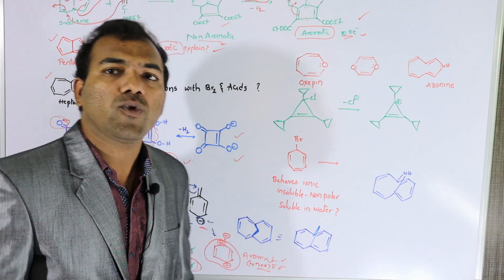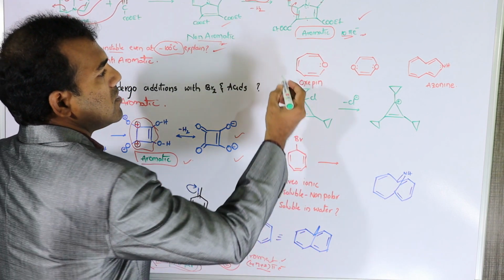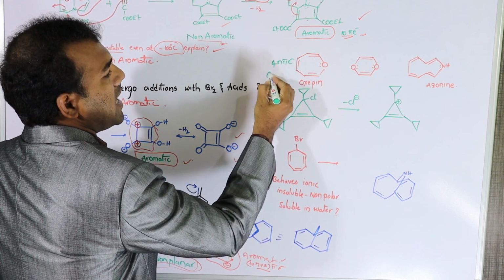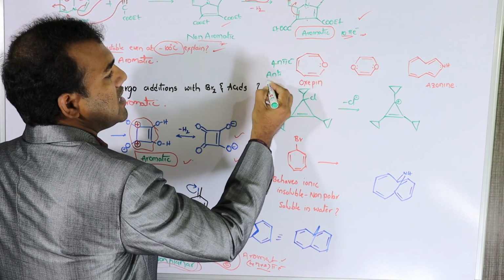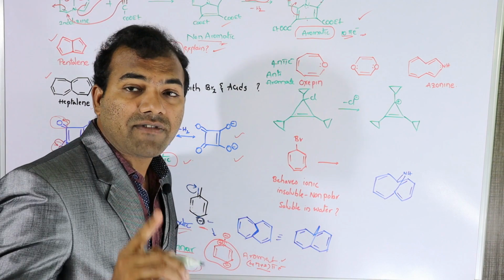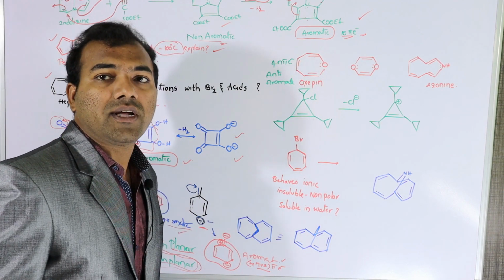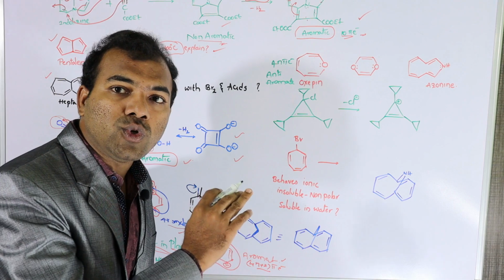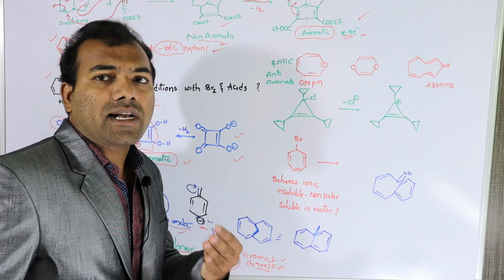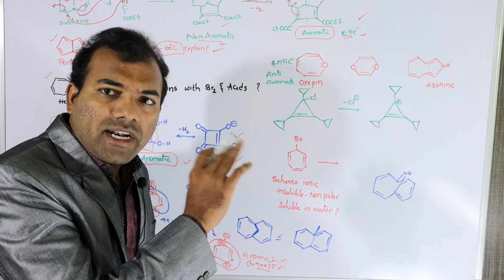It is satisfying the 4n pi electron rule. So if a compound satisfies the 4n pi electron rule, it is an anti-aromatic compound. Anti-aromatic compounds are always less stable than non-aromatic compounds due to angle strain or due to some interactions within the compound itself.